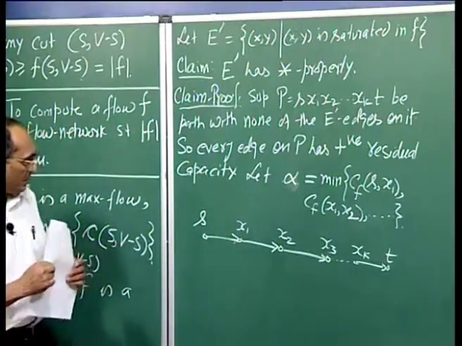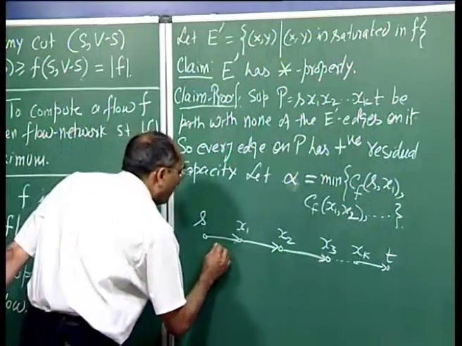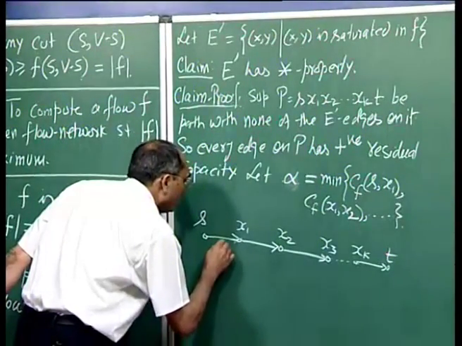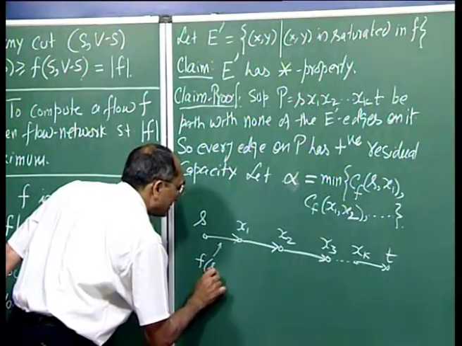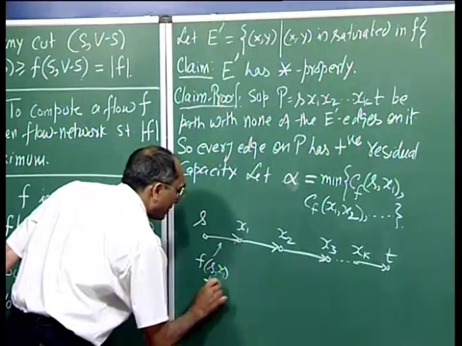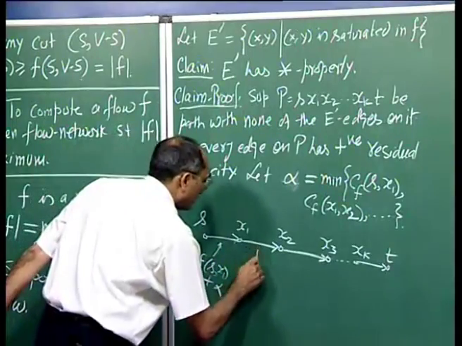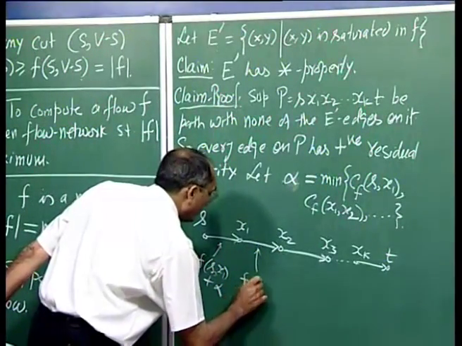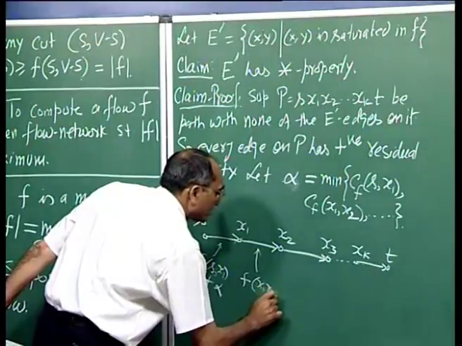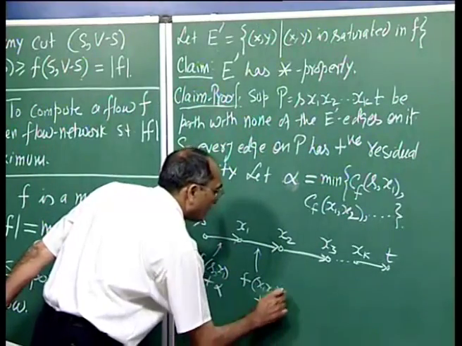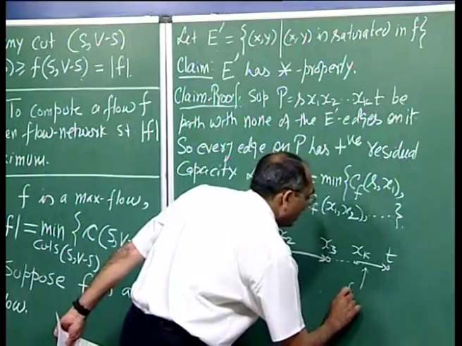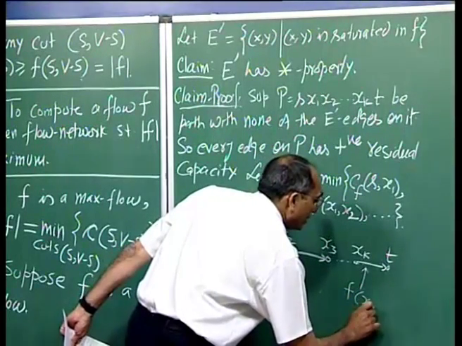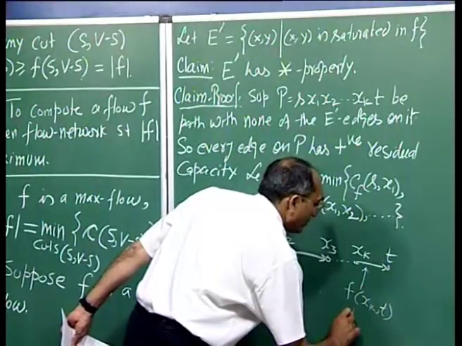Now, suppose we add the flow, so we define new flow on this as f of S x1 plus alpha. Similarly, here S x1 x2 plus alpha, and similarly original flow xk t plus alpha.